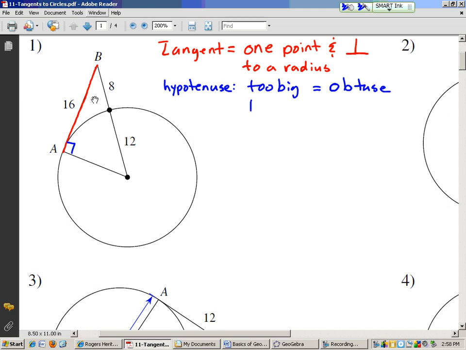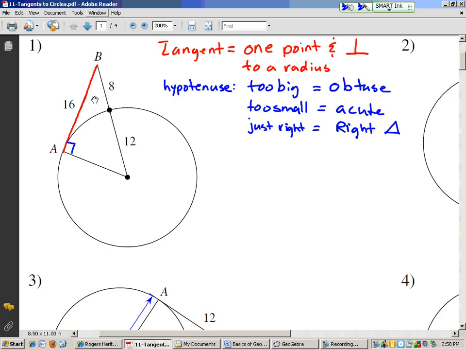And then we had the hypotenuse was too small, and that was acute. And finally, we had the hypotenuse was just right, and that would be a right triangle. Okay, so an obtuse triangle, acute triangle, right triangle.